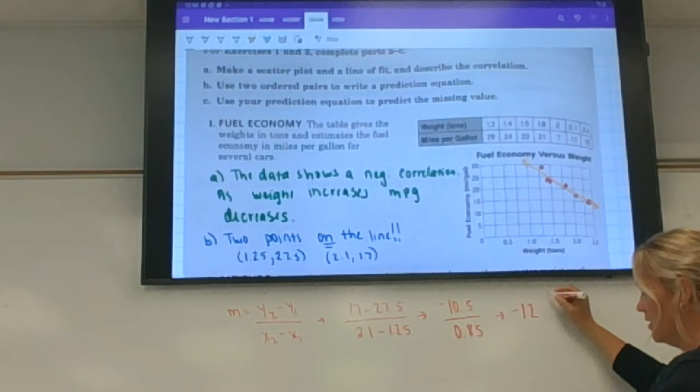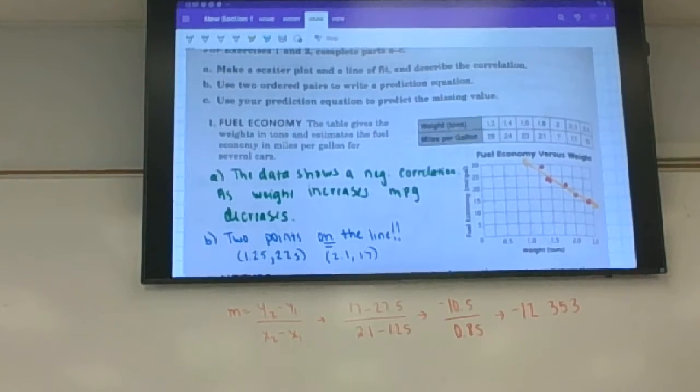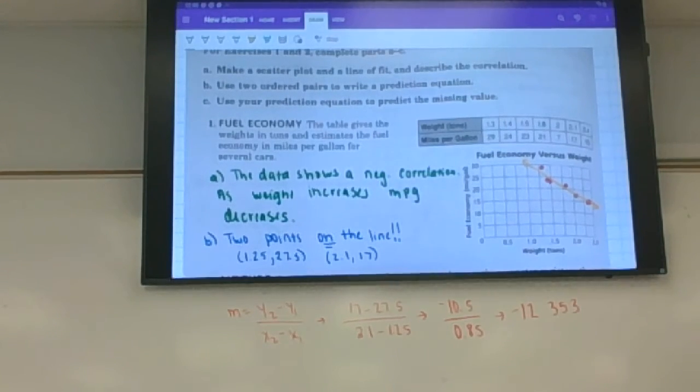Okay, if it's a repeating decimal, you just put the repeating sign. So what this means is that for each increase in 1 ton of a vehicle, it gets 12 miles per gallon less.